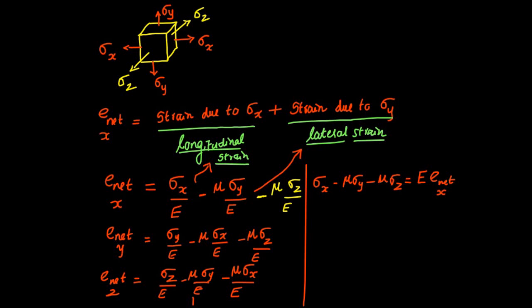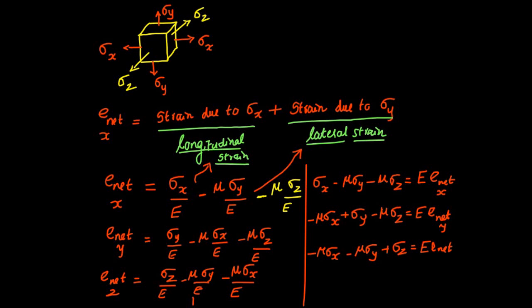Similarly, I can write minus mu into sigma x plus sigma y minus mu into sigma z is equal to capital E into the net strain that is produced along the y direction. Similarly, it's going to be minus mu into sigma x, minus mu into sigma y plus sigma z is equal to capital E into net strain that is produced along the z direction.